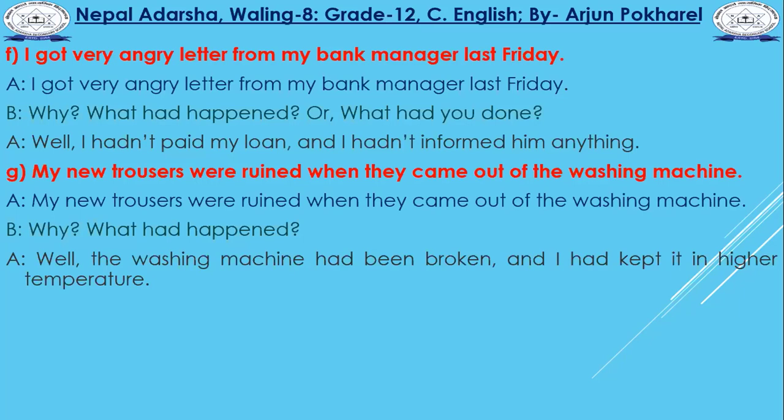If you have to use active structure, then well, I had broken the washing machine and I had kept it in higher temperature. Because of these two wrong activities, my trousers were ruined. In this way, you can give your answer if you like to use active form. Okay? Yes, sir.